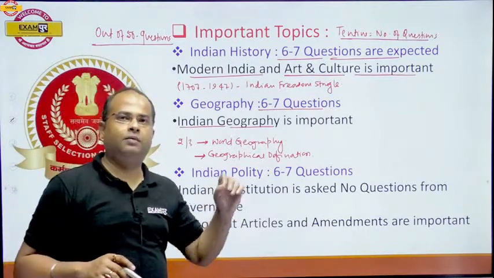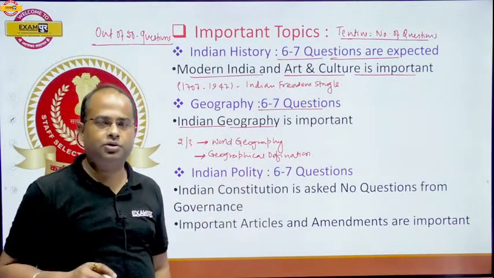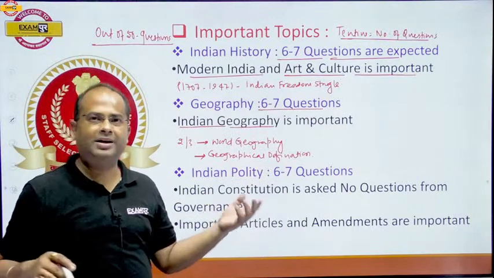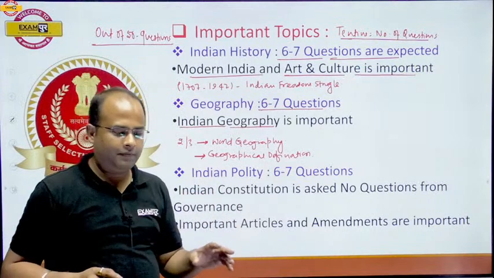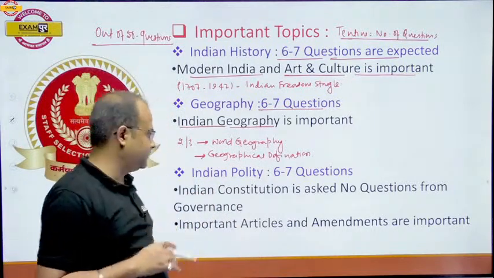Like what is a strait, what is a pass, what is a peninsula, what is a gulf, what is a bay, what is a bight. So this type of geographical definition can also be asked.